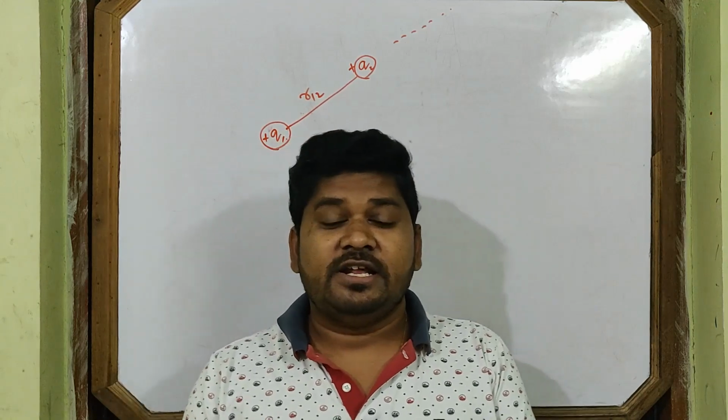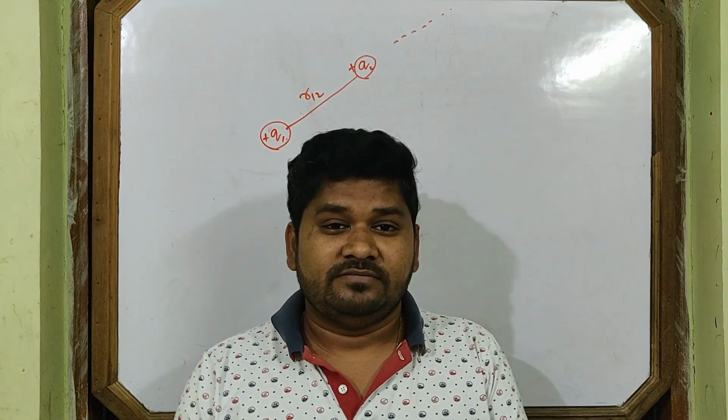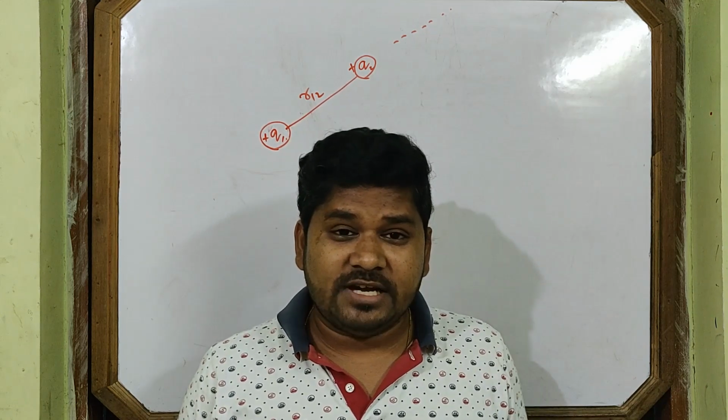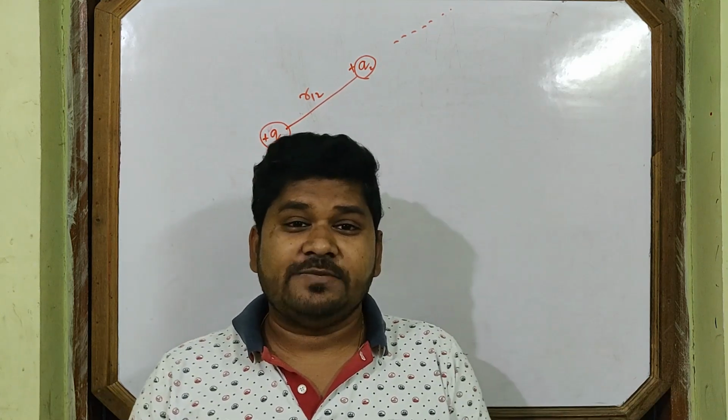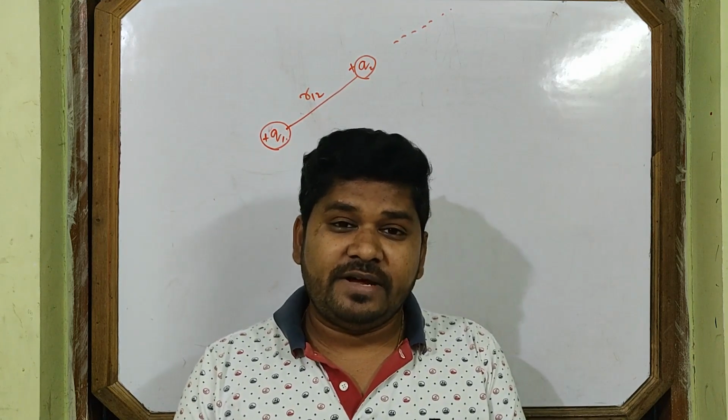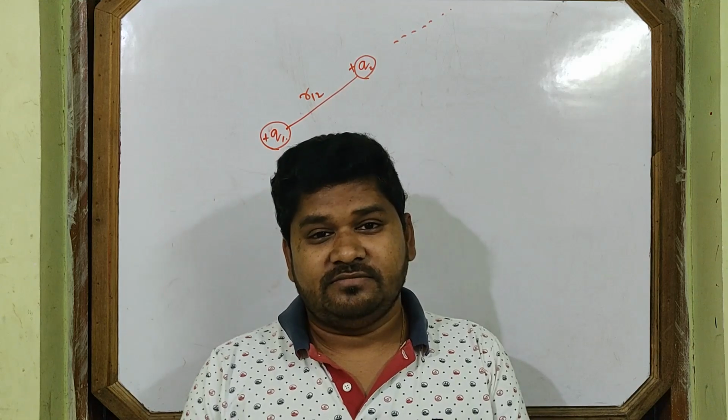This is the potential energy of the system. So again I am repeating, the amount of work done to bring the charges from infinite to their respective positions is the potential energy of a system of charges.